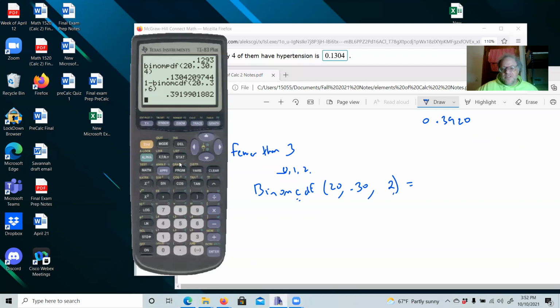It says fewer than, so we're not doing a 1 minus problem. CDF, 20, 0.3, and 2.